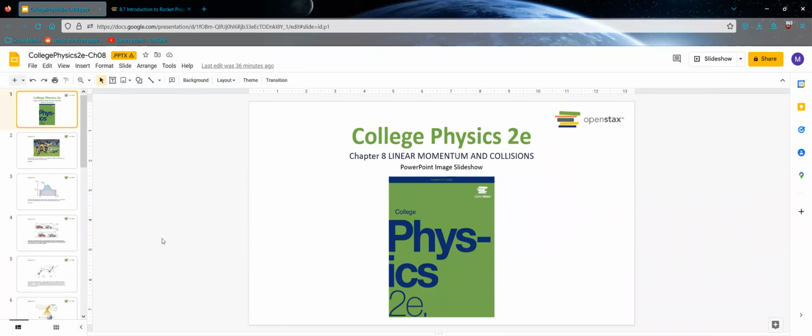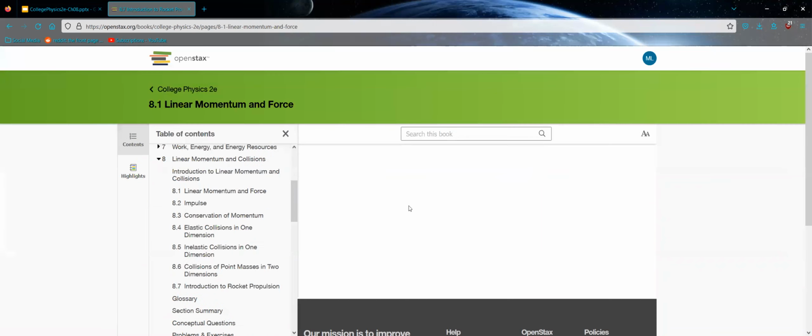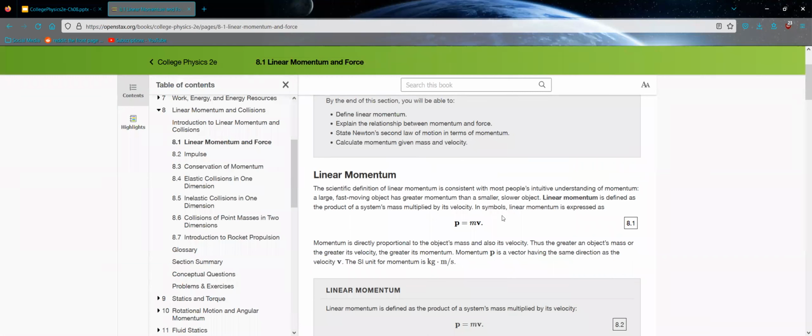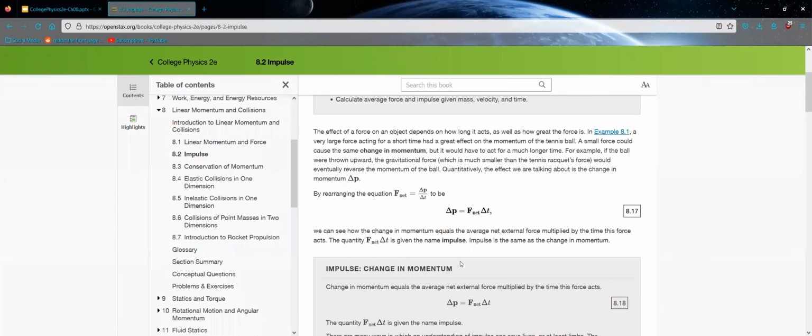That is linear momentum and collisions. The base takeaway from this entire conversation is that the equation of momentum is super simple: mass times velocity. How much you do that over time gives you impulse, which is the application of momentum.